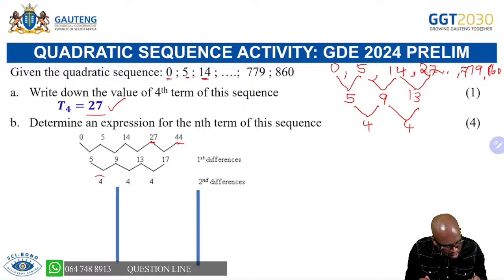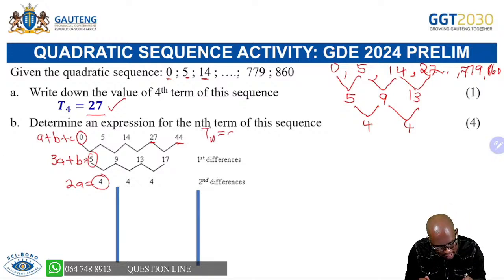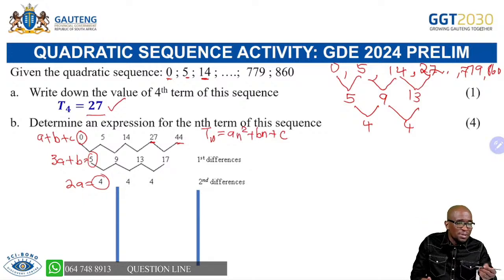We remember that when we started, this is 2a, this is 3a plus b, and this is a plus b plus c. So we are going to utilize that to formulate the 3 equations. If we work out the values of a, b, and c, then we can substitute them into Tn = an squared plus bn plus c.